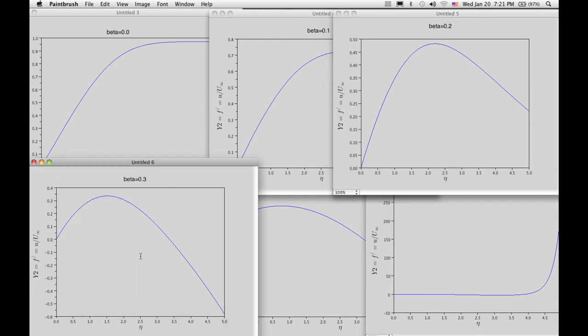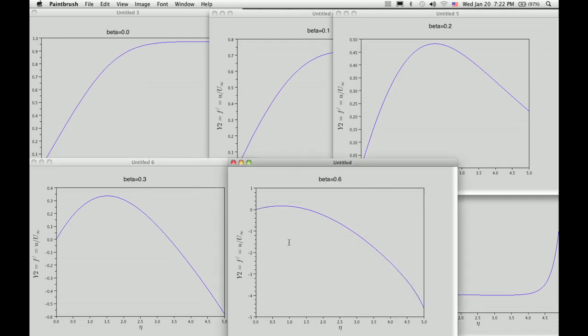But the moment we go to beta equal to 0.3, what we see is that beyond eta equal to 1.5, u is actually negative. So if it is negative, then we'll have to think about it. So we see that from 1.5, and beta equal to 0.6, the majority of this is negative.